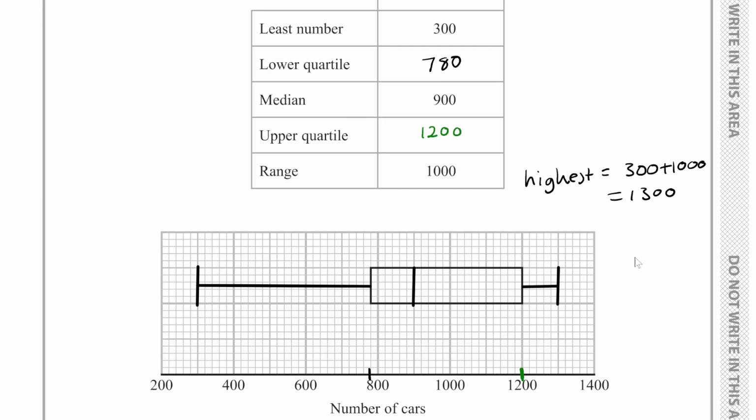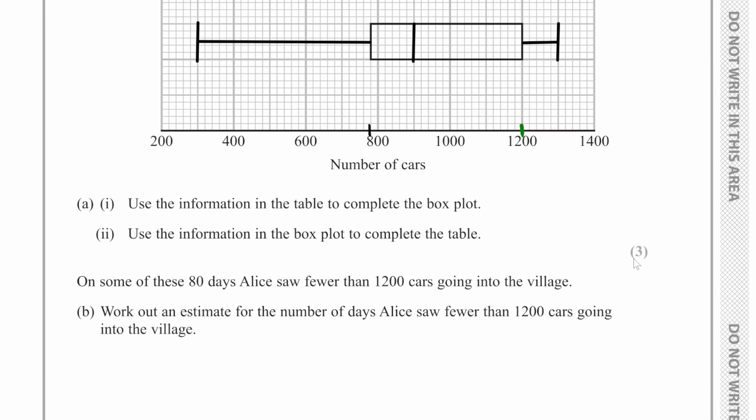So that goes in there. On some of these 80 days, Alice saw fewer than 1,200 cars going into the village. Work out an estimate for the number of days Alice saw fewer than 1,200 cars going into the village.